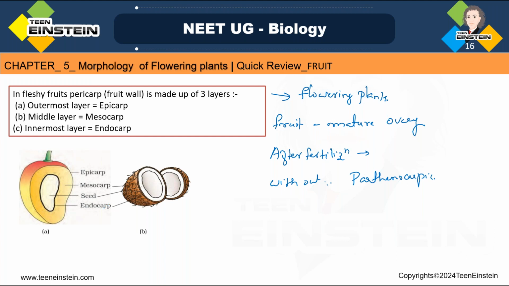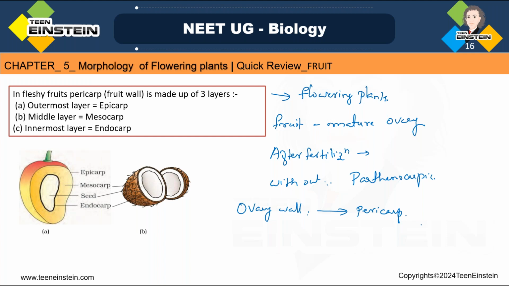After ripening, that ovary wall is changing to pericarp. So this pericarp may be thick and fleshy in some fruits, thick and hard in some fruits, or thin and soft.